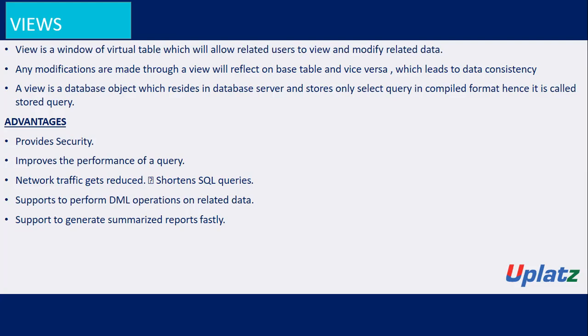So obviously, when we create a view with related columns, the performance of the view will be improved. It improves the query performance because it fetches only the related columns from the table. So there we save time.